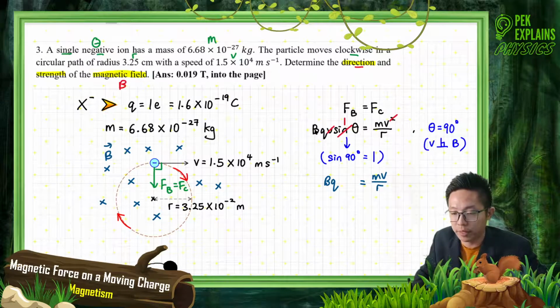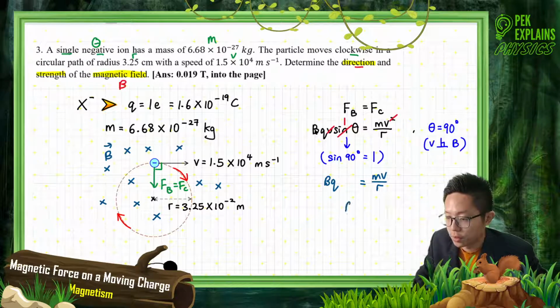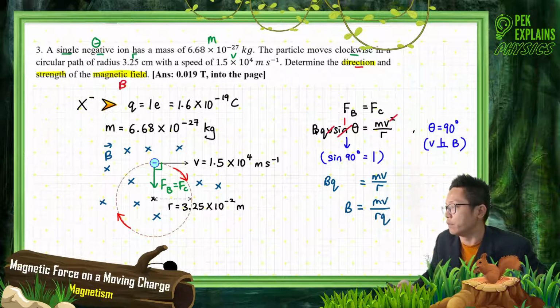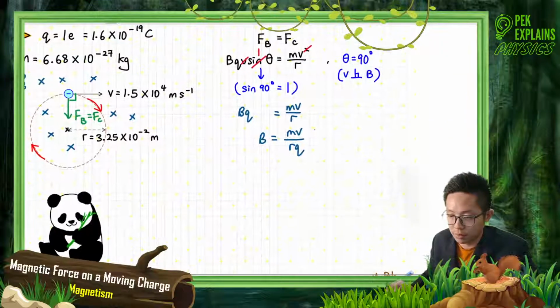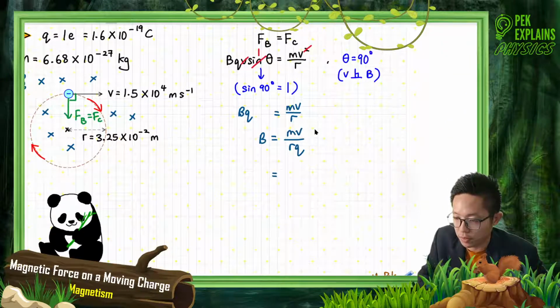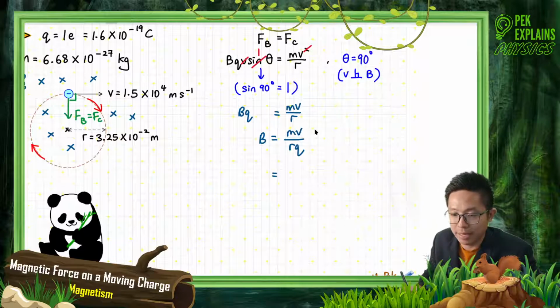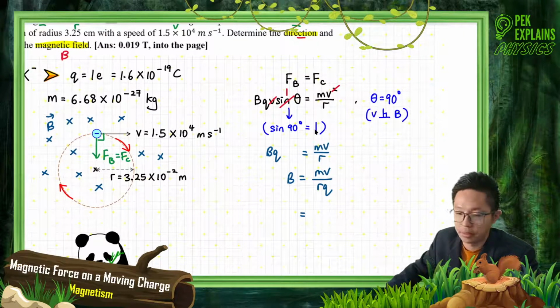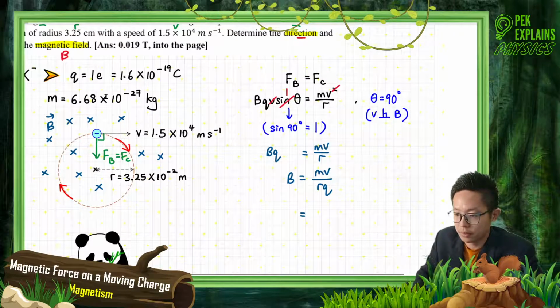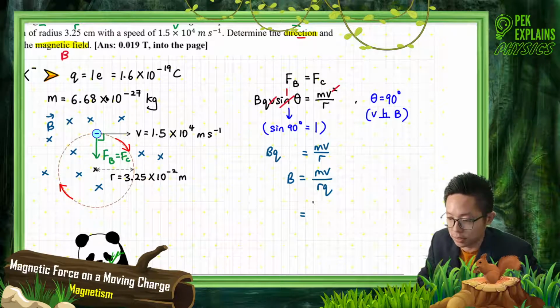What I need to find is the magnetic field. So the magnetic field equals MV over RQ. Just substitute all the values. My mass, given in the question, is 6.68 times 10 to the negative 27.